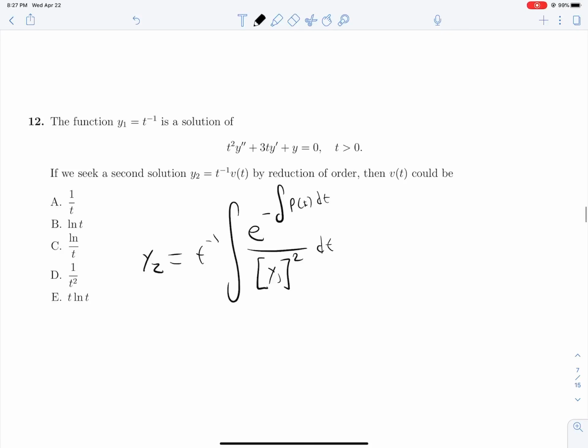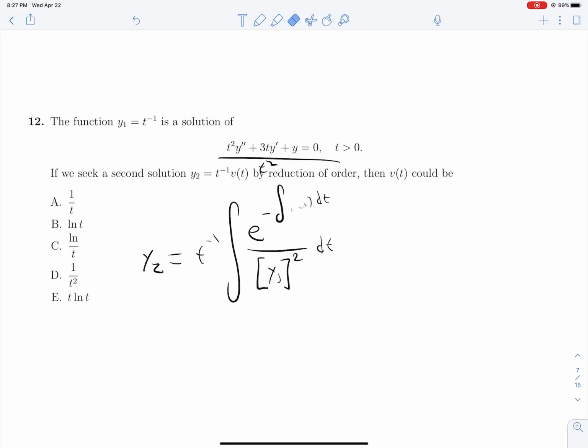And we know whenever we're looking for a p of t, which is going to be, in this case, the term on our y prime when the coefficient on y double prime is 1, so dividing out a t squared from all of this, we will get 3 over t.